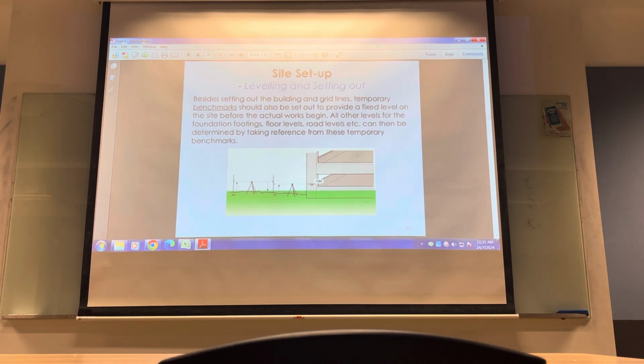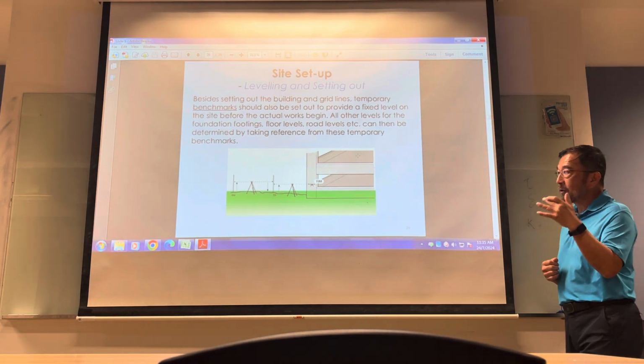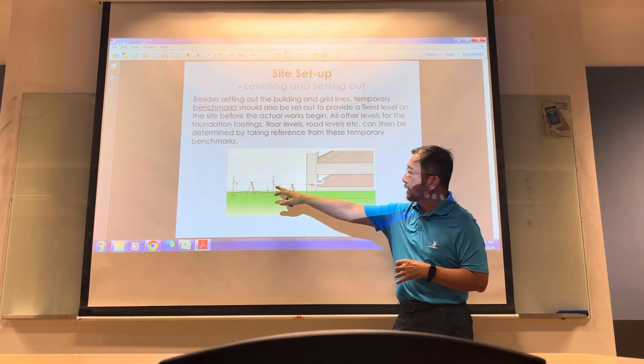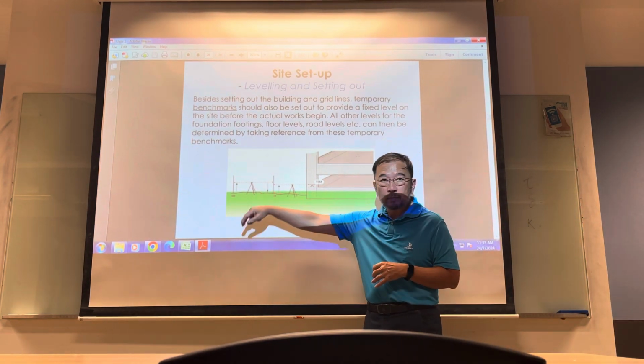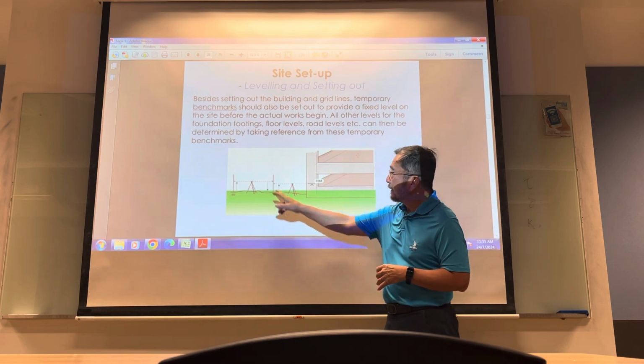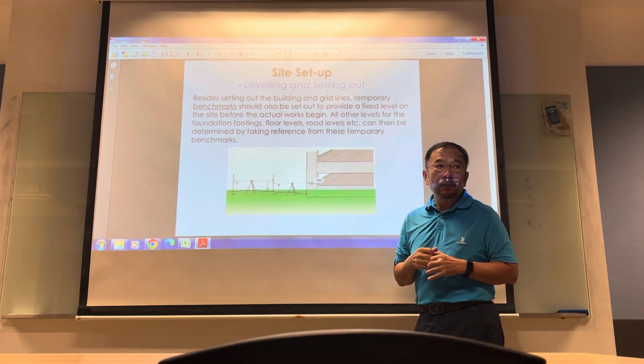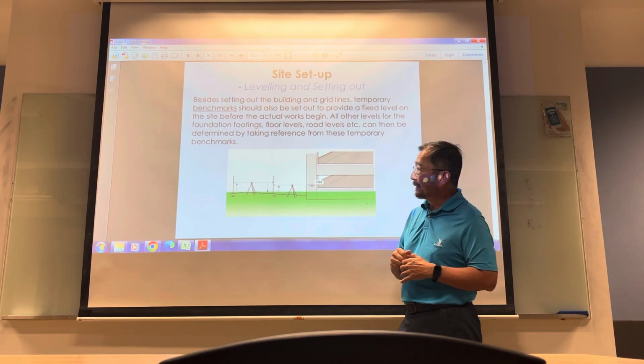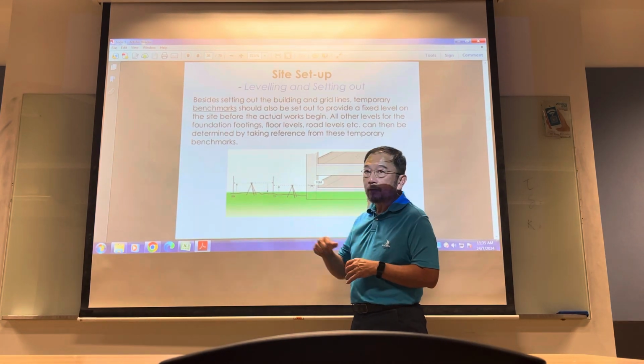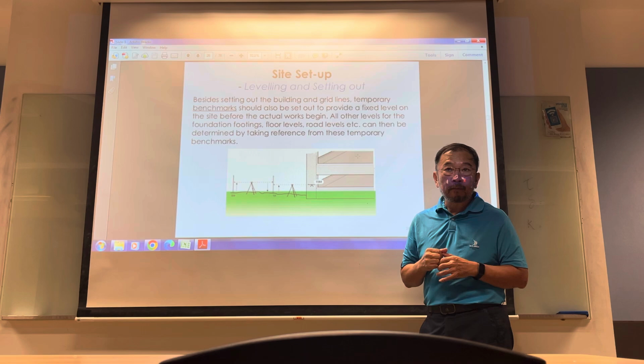There are also other terms used, like the height of collimation. Height of collimation is the height of your level instrument. The vertical stand is called a tripod, and you need to mount your automatic level on top.